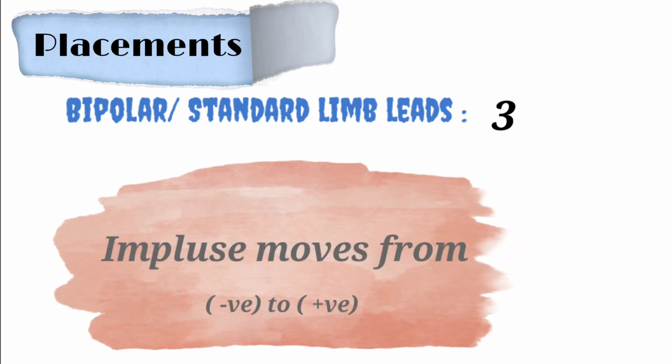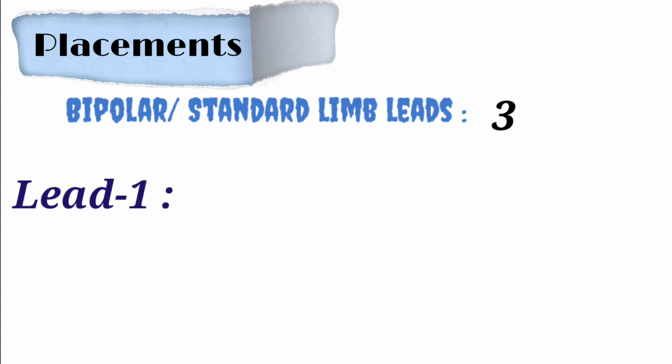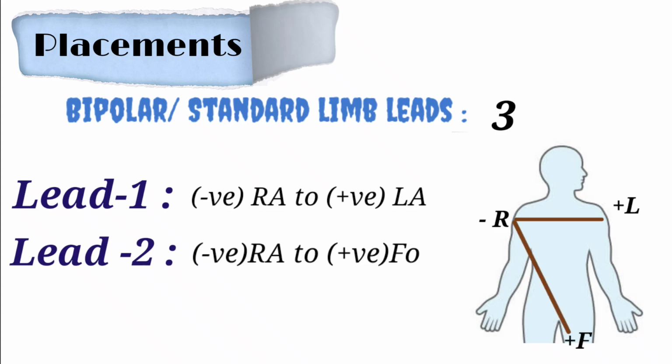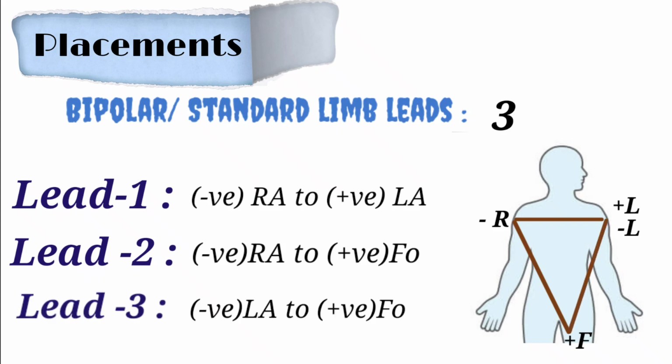Remember, the impulse always moves from the negative sign to the positive sign. In lead 1, the impulse moves from the negative right arm to the positive left arm. In lead 2, the impulse moves from the negative right arm to the positive left leg. Thirdly, in lead 3, the impulse moves from the negative left arm to the positive left leg.